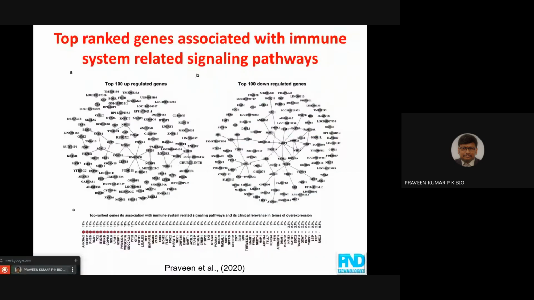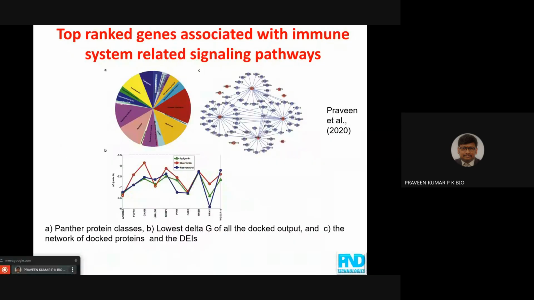Other than just going with the top 100 regulated genes, that is top 50 upregulated and top 50 downregulated, I also increased the size to the top 200 genes. For the top 200, that is the top 100 upregulated and the top downregulated, this was also analyzed, and I used different enrichment filters again.